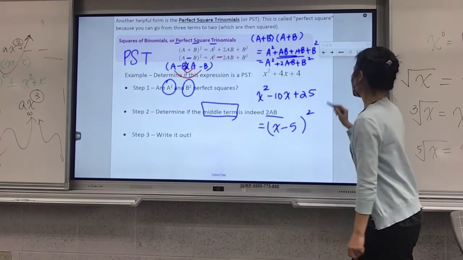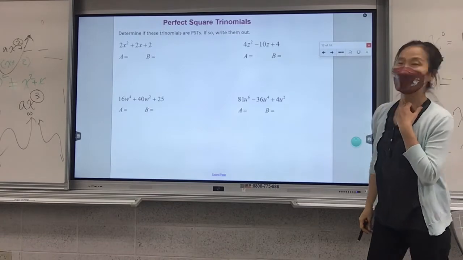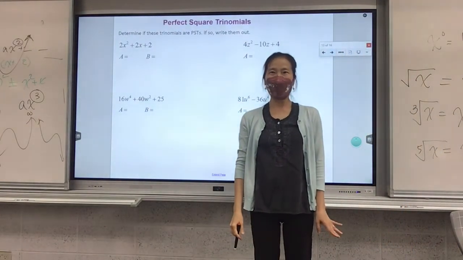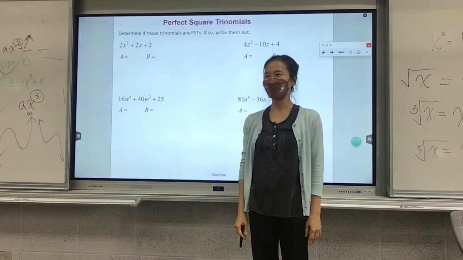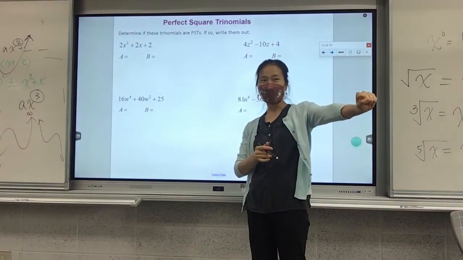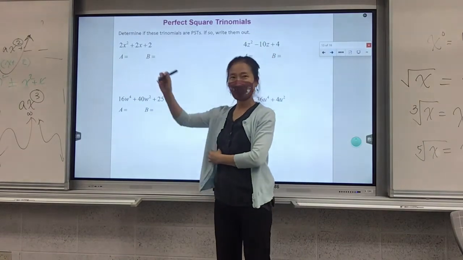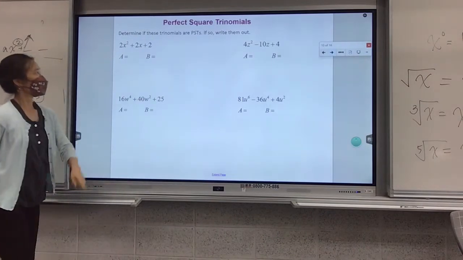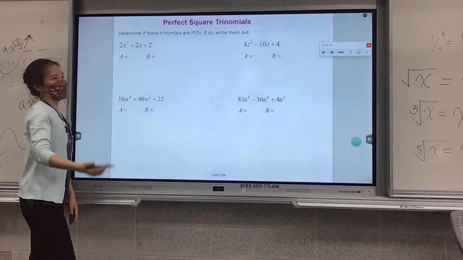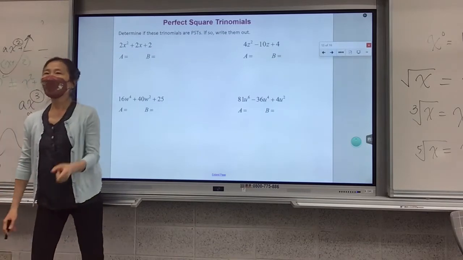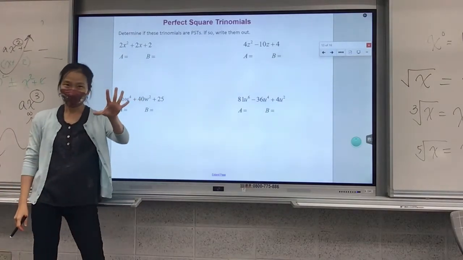Okay, next, let's identify each trinomial. Is it or is it not a PST? What does it stand for? Perfect square trinomial. Are they perfect square trinomials? No. Be careful.